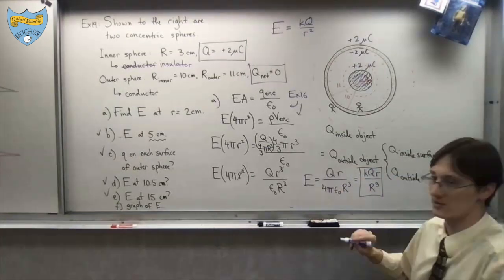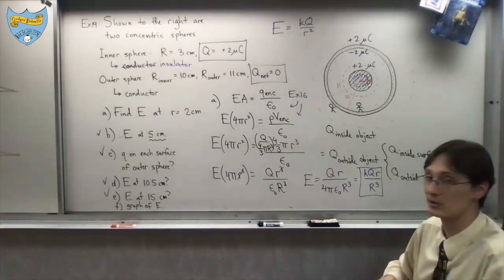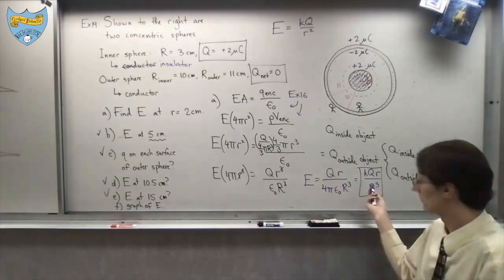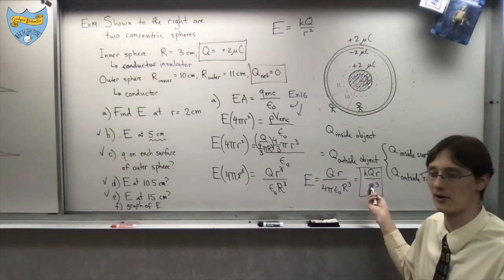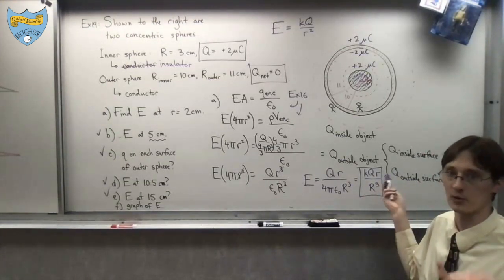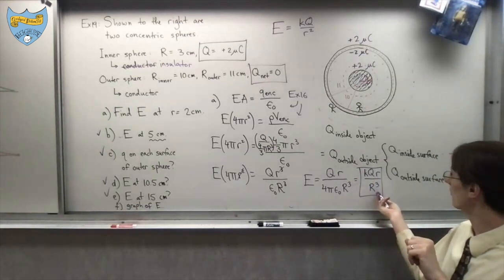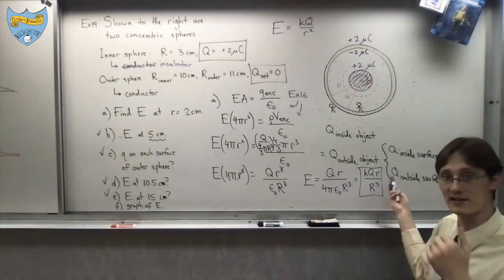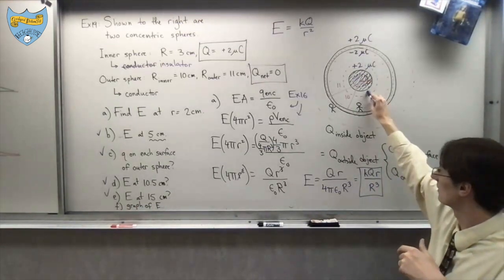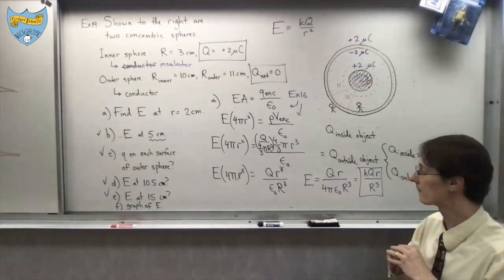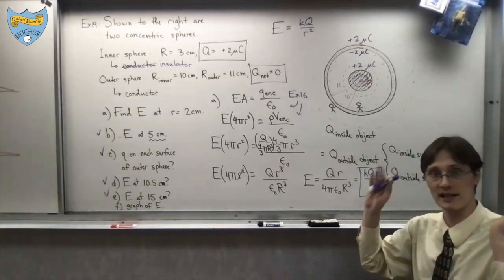Now, this was not a symbolic problem. You'd be plugging in numbers here, but you could do that on your own if you really cared about what the number would be. Little r would be 0.02, big R would be 0.03, because that's the radius of the inner object. That's it, we could get an answer for it.